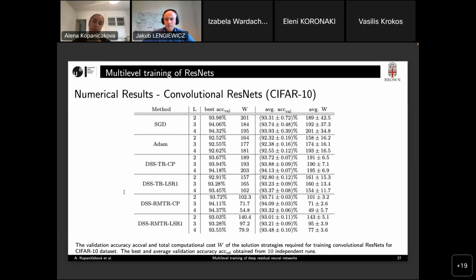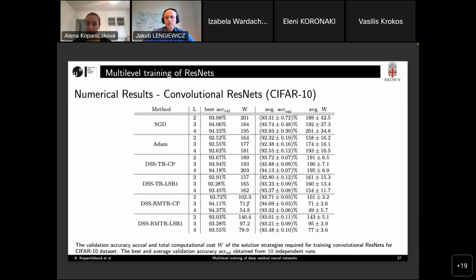As you can see, as we increase the number of layers in our ResNet, we can achieve better validation accuracy, which justifies the reason why we use deeper and deeper networks. But you can also see that stochastic gradient methods require pretty much the same computational cost to train all of these networks. If we look again at the multi-level variant of the trust region method, we see that we can still achieve the same validation accuracy, but our computational cost decreases with the number of layers. This is very similar to the results which we saw in previous slides.